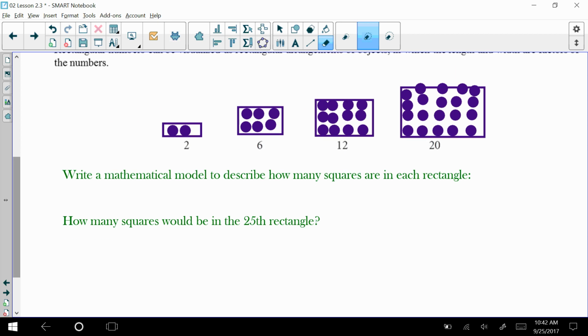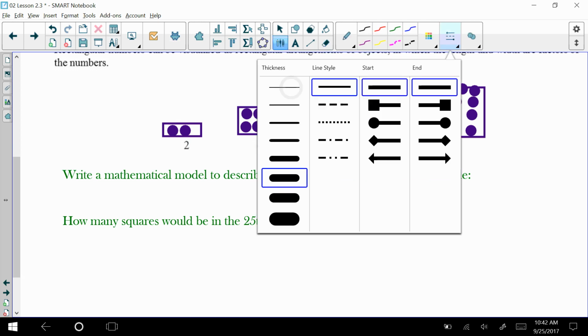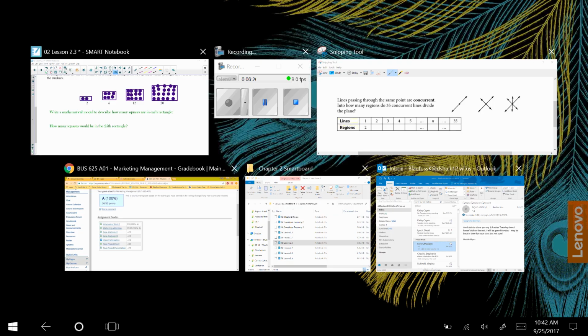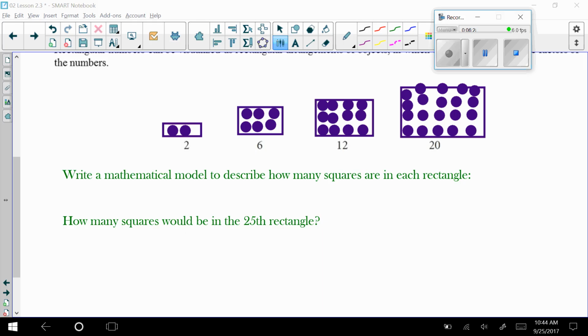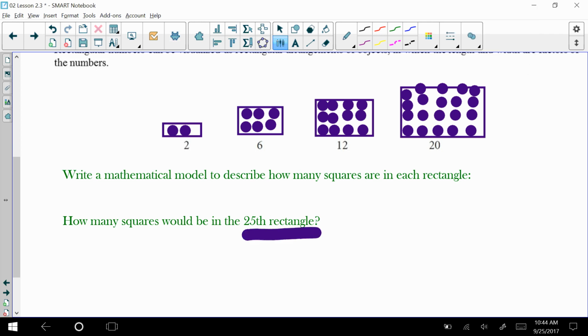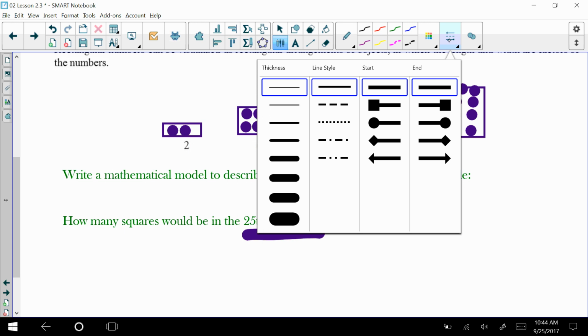So our next step is to write a mathematical model to describe how many squares are in each rectangle. First, it says squares, but I'm really using dots. So in the rectangular diagrams above with the rectangular numbers 2, 6, 12, and 20, I can use this diagram to write a mathematical model and then determine how many dots are going to be in the 25th rectangle.